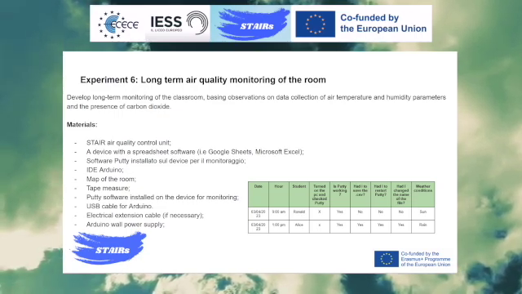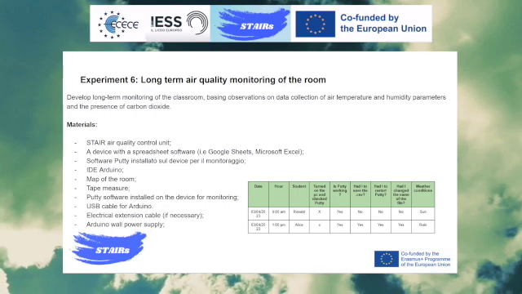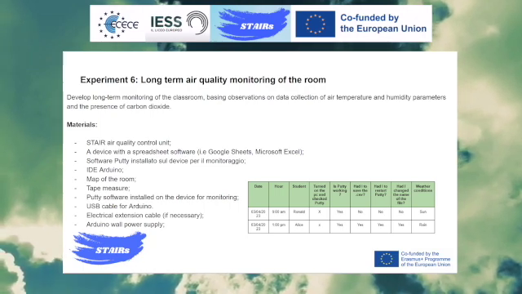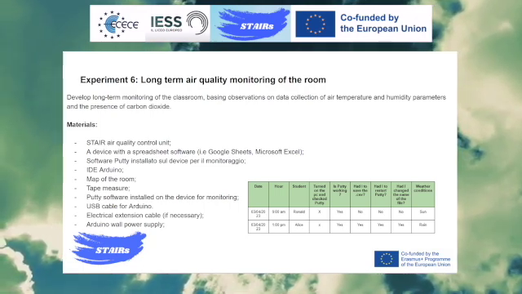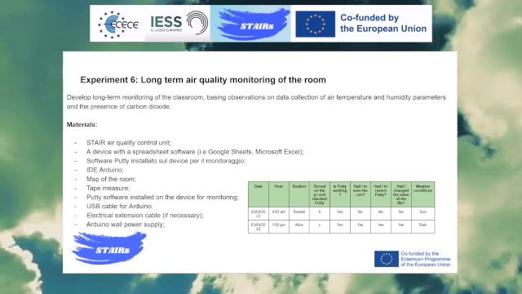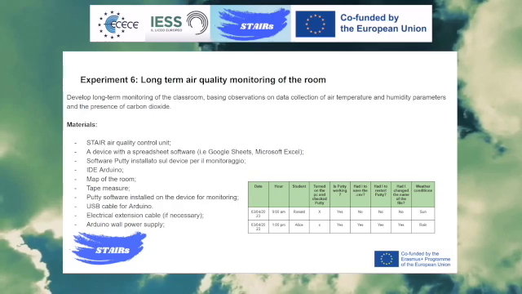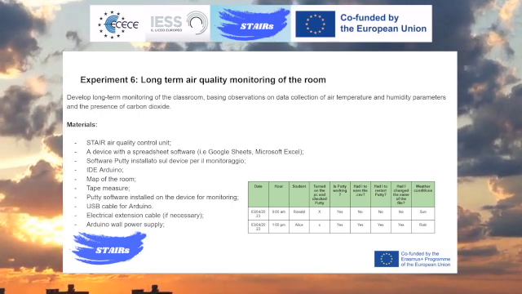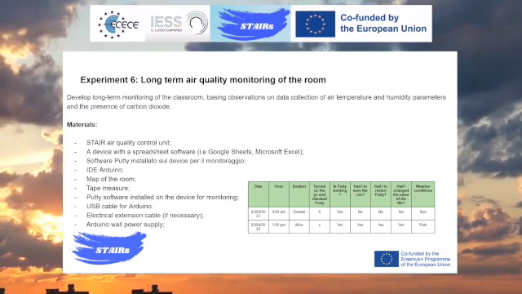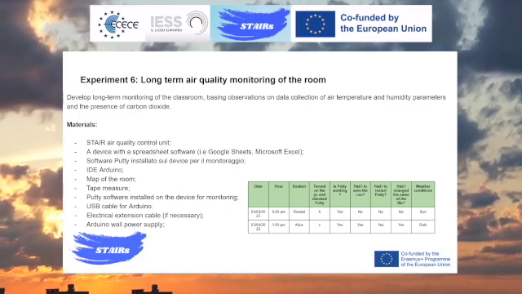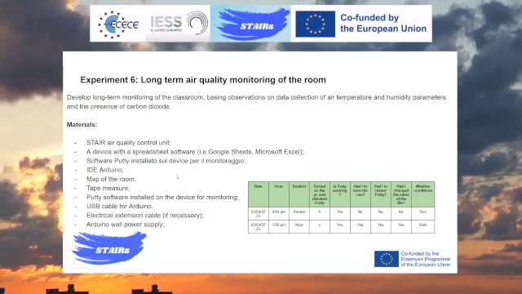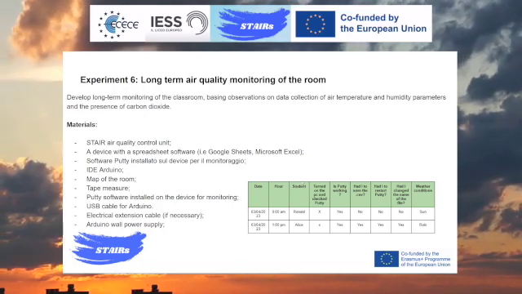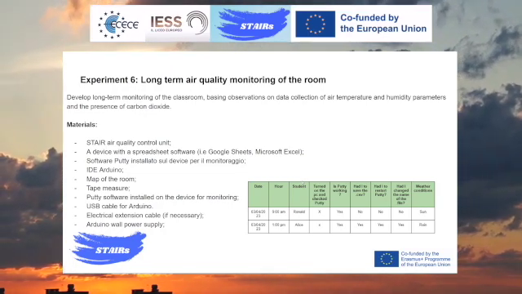The Arduino IDE, the map of the room as in the previous experiment, a tape measure, the software, the USB cable for Arduino to keep it connected all the time to save the data, and an electrical extension cable if necessary, if you put the STAIR air quality control unit in each part of the room you decide, and an Arduino power supply if you want to make sure the data is connected all the time.